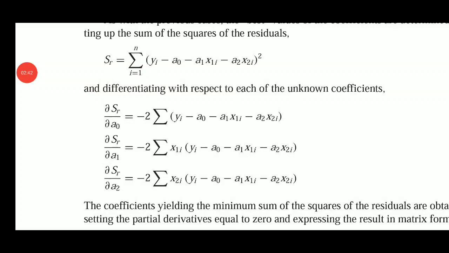So as usual, we will have to find the values of a0, a1 and a2, because now we have written y is equal to a0 plus a1x1 plus a2x2. The same way as we have done for linear regression, we will have to find an equation to minimize the sum of squares.